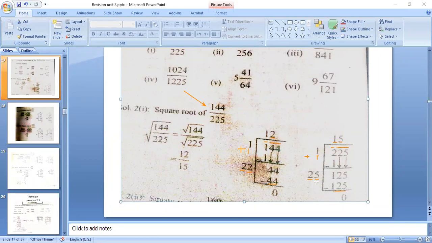If I write 4, then I write 4 in the quotient also, and we multiply 4 with 24, and it is 96, which is smaller. And the final answer is 12 by 15. This is the square root of 144 by 225.